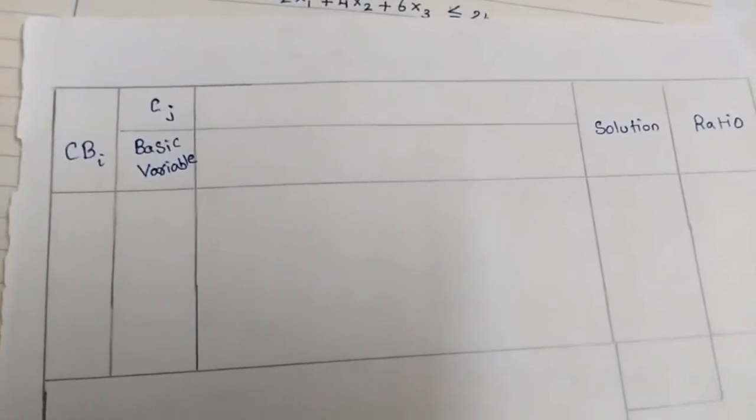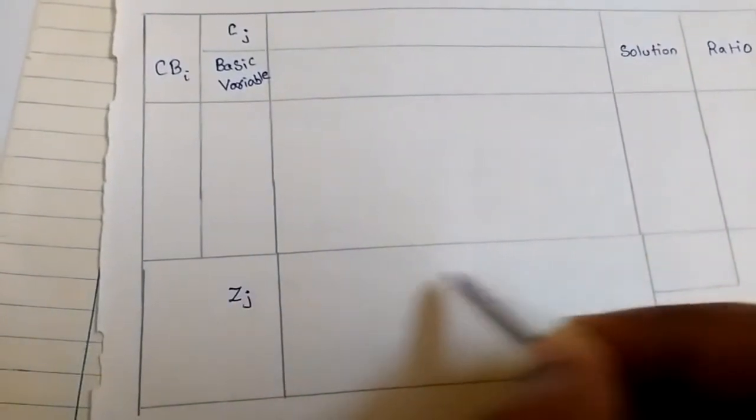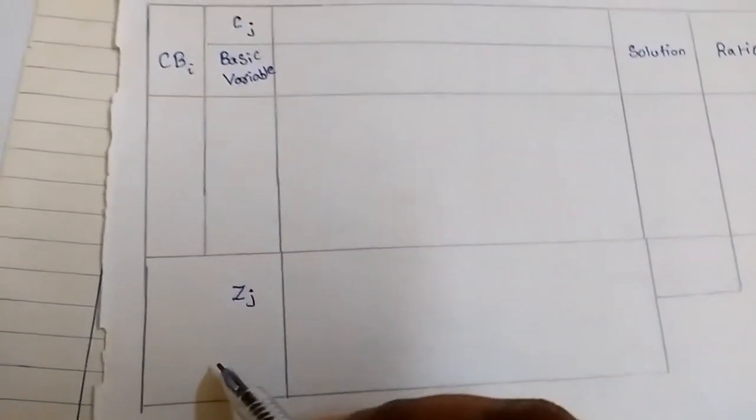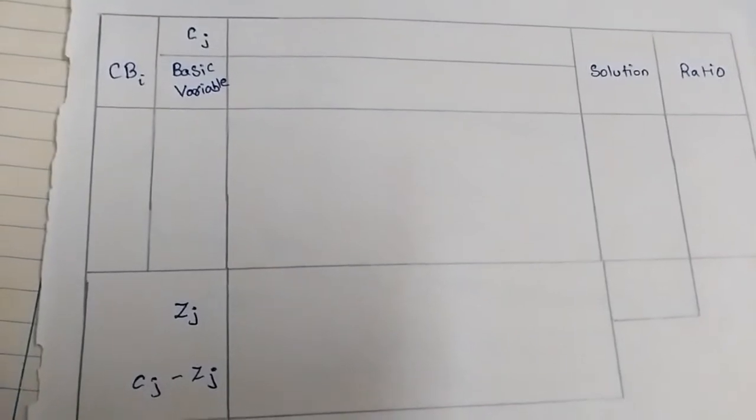And here the zj values are to be calculated, and finally cj minus zj. We will calculate all these things.